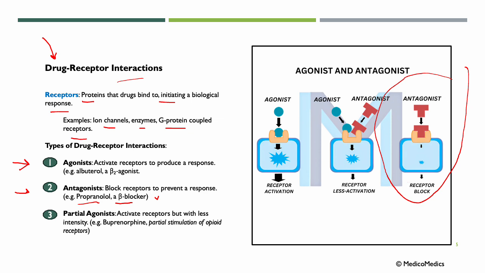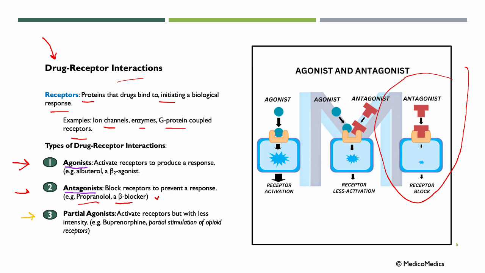So that's the main thing to take here. Agonists, they activate receptors to produce a full response. And opposing to it or contradicting it is the antagonists. They also bind to receptors, but they block activation. Now we have something in the middle, which is partial agonists.